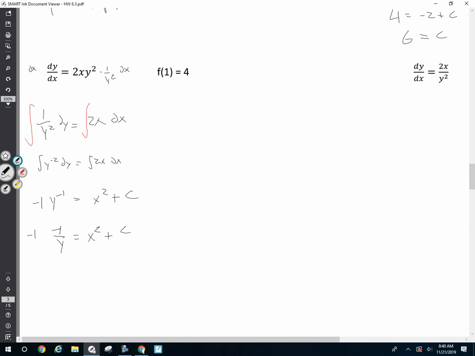So multiplying everything by negative 1, I'll have 1 over y equals negative x squared plus c still, because c times negative 1 is still c.